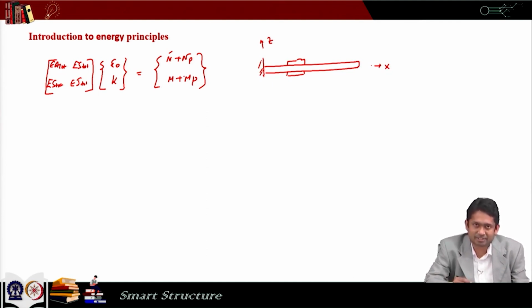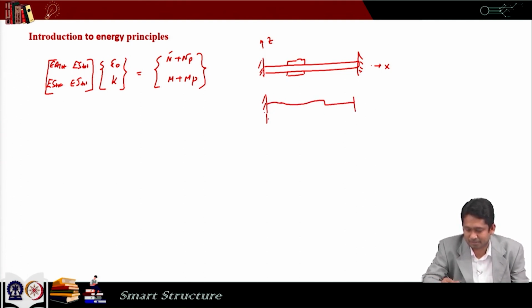But if the structure is statically indeterminate, then the solution becomes rather complex. Now, take the fact that suppose we have lot of variation in the material or geometric property itself. Suppose the beam now looks like this, or even it may have some jump in the properties.